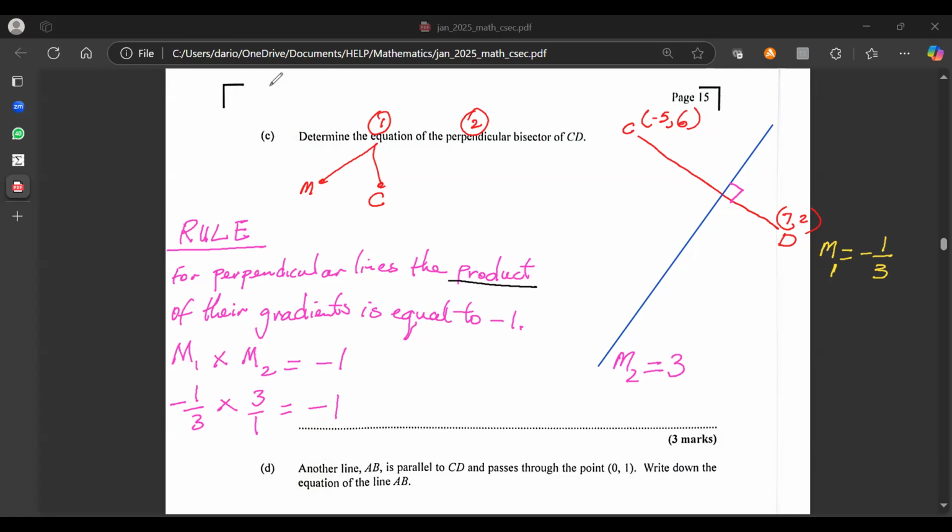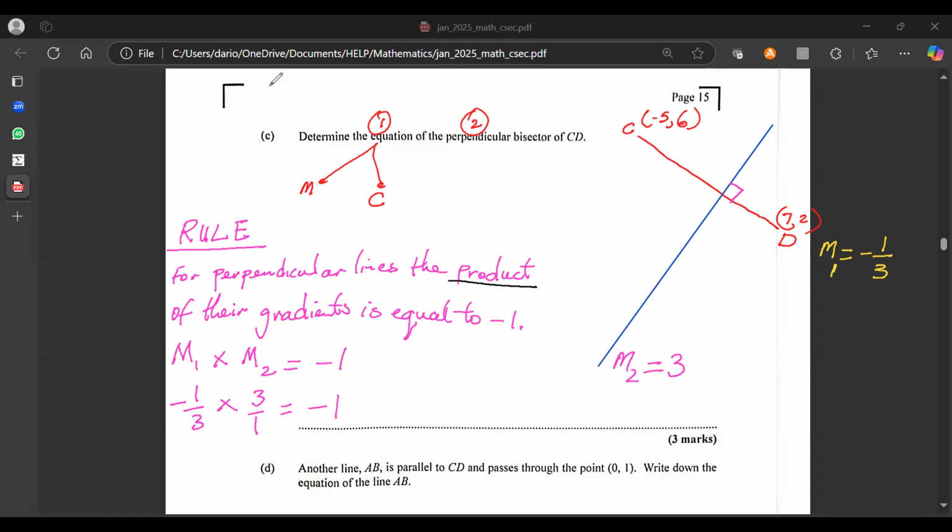So Kimora, read the rule, please, on the screen. What is the rule, Kimora? For perpendicular lines, the product of their gradients is equal to -1.